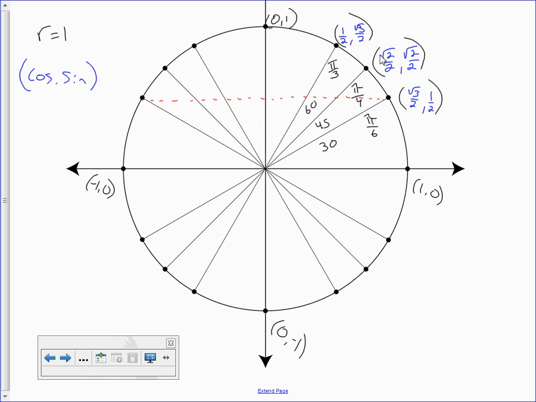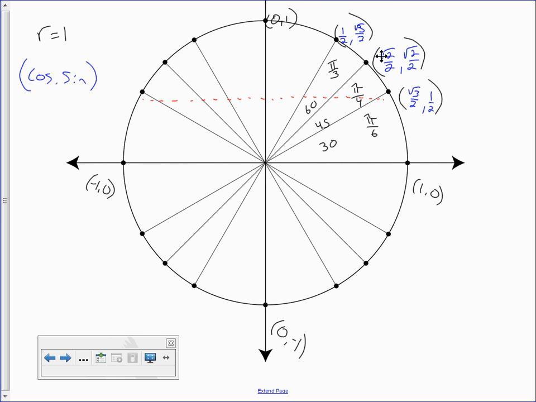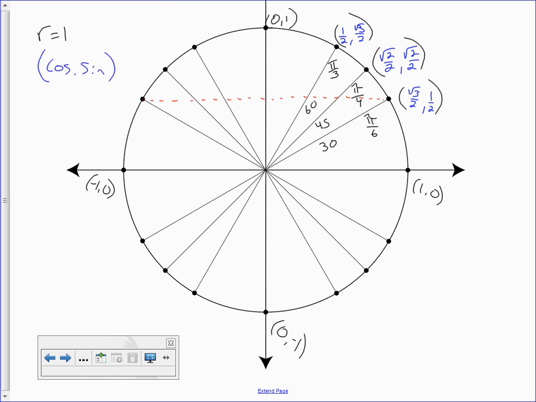Same y value. They share the exact same y value. If they're sharing the same y value, that means that this ordered pair has what for the sine? 1/2. Okay?